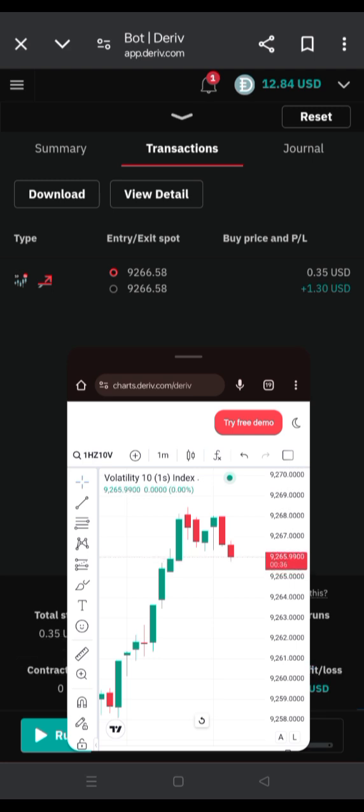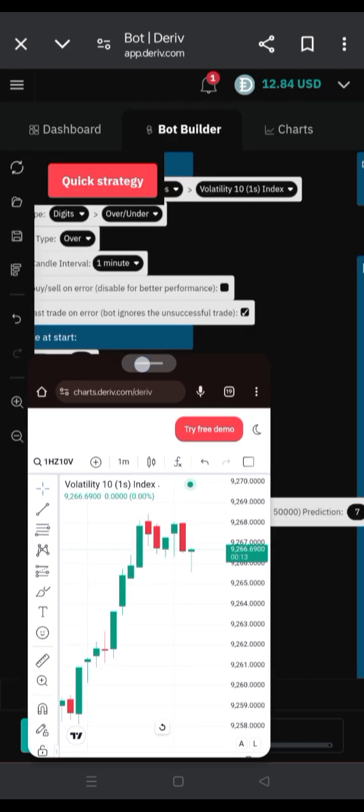So this is basically one of the tricks of trading over 7, that is predicting digit 8 and 9 only to appear. Yes, I hope you don't go trying without first practicing on your demo account until you grasp the correct entry point of trading the digit over 7.